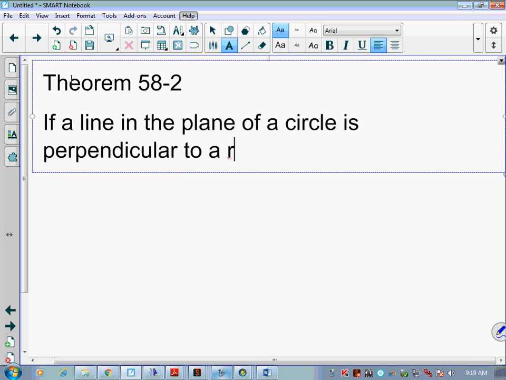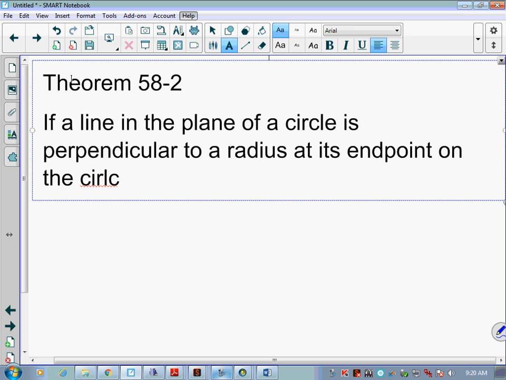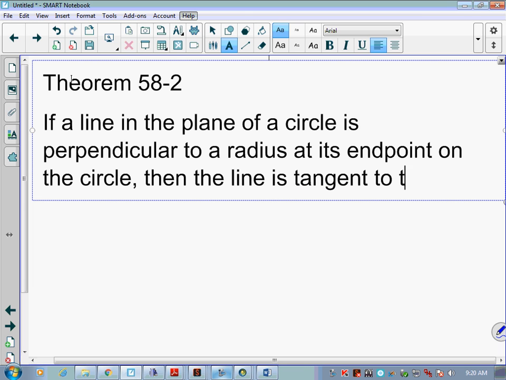Okay. If a line in the plane of a circle is perpendicular to a radius at its endpoint on the circle, then the line is tangent to the circle.